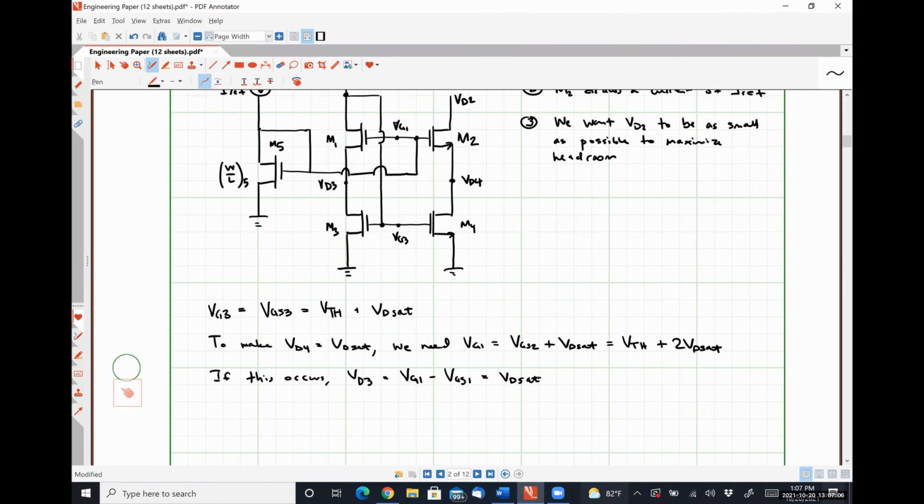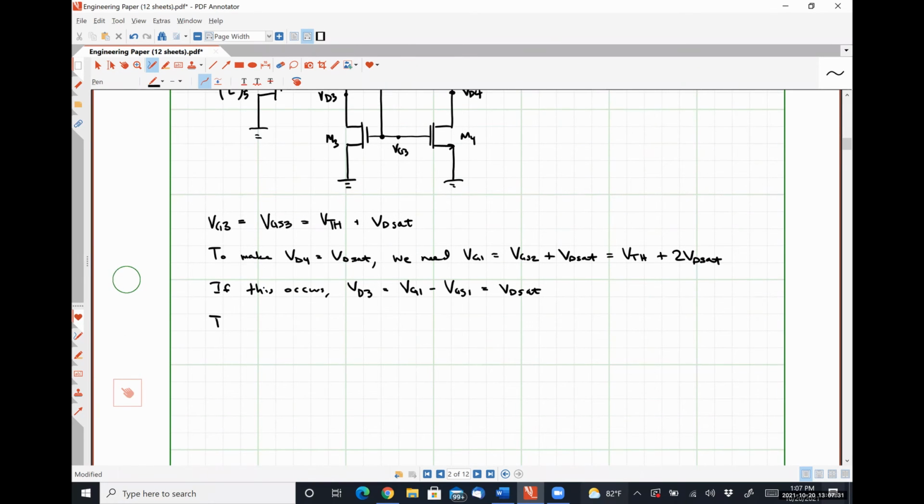So that means transistors M3 and M4 will both be biased on the edge of saturation, right? Any lower and we hit triode region. So how do we make all this stuff happen? That's the million-dollar question. And it all comes from sizing that transistor M5, okay?